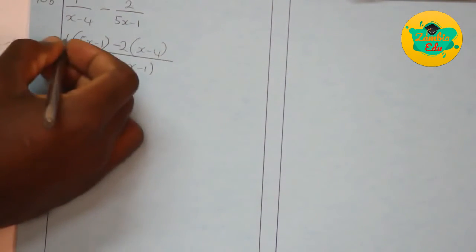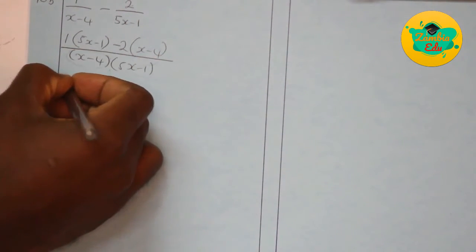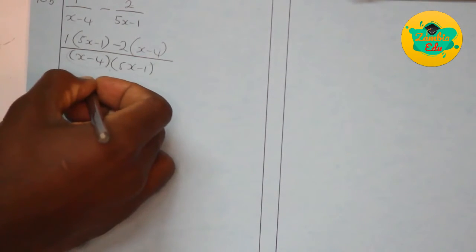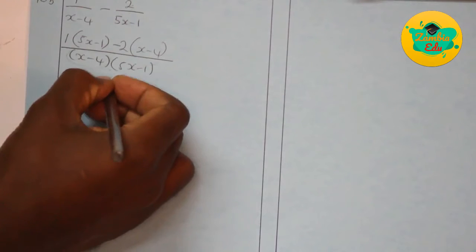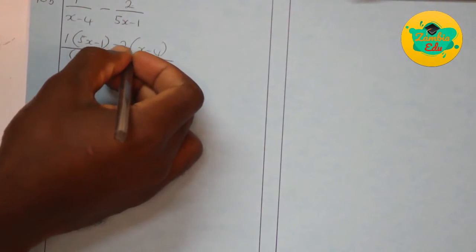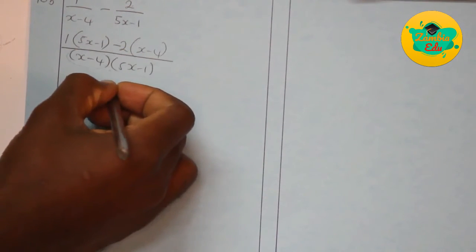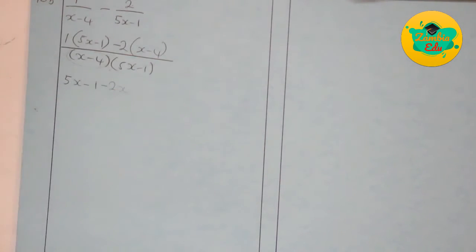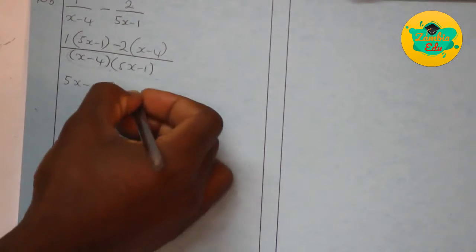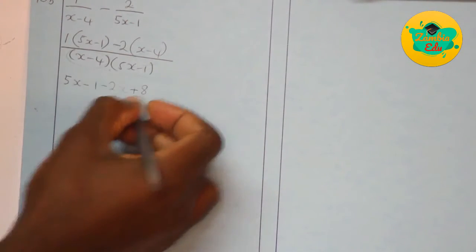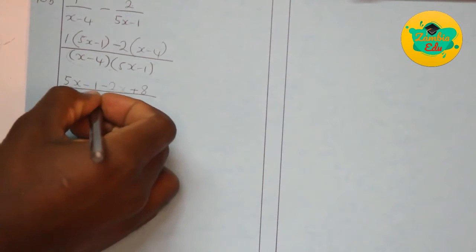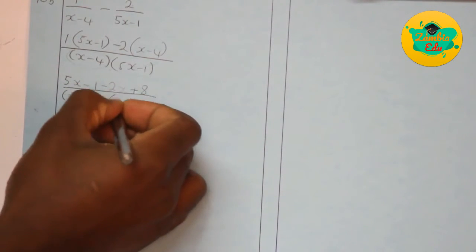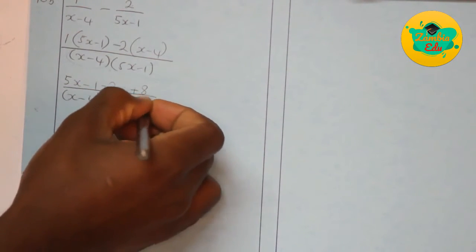So now you multiply 1 times 5x, you get 5x, minus 1 times 1, 1. Negative 2 times x, you get negative 2x, and then you now have negative 2 times negative 4, which will give you positive 8 over the whole common denominator, x minus 4 open, close, open, 5x minus 1 in that way.